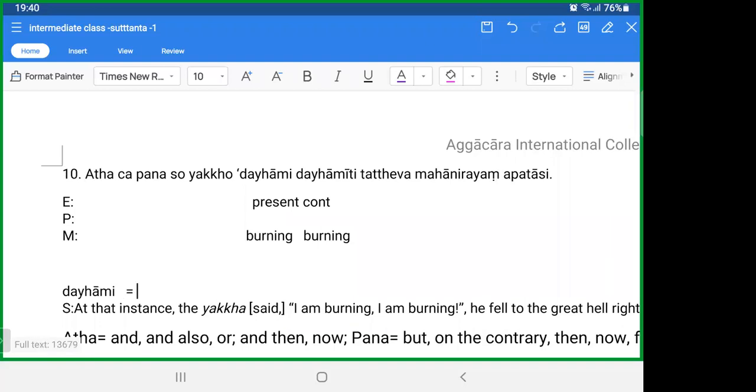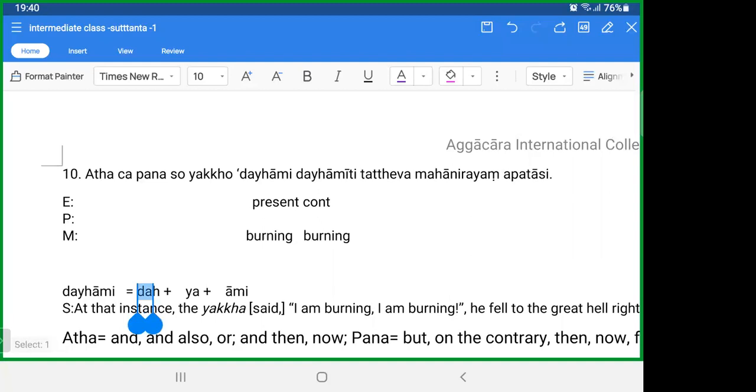D-A-H, not D-A-H-Y. D-A-H plus what? D-A-H plus ya, Y-A. Okay, good. D-A-H plus ya and then plus E, plus me. So you change it to army. Dahami. Good. Have you checked the dictionary before this? Okay, good. See, one of the very good students here.